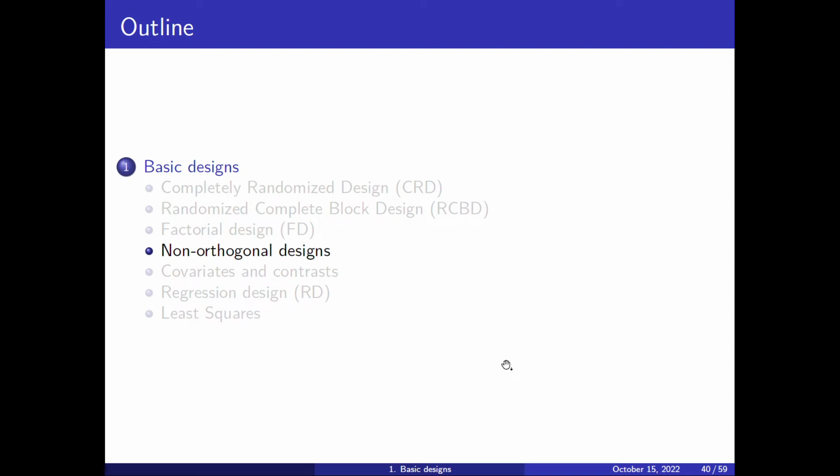So we continue with this lecture on basic designs, and let us introduce now a bit more sophisticated ideas. So the first one is the idea of non-orthogonal designs.